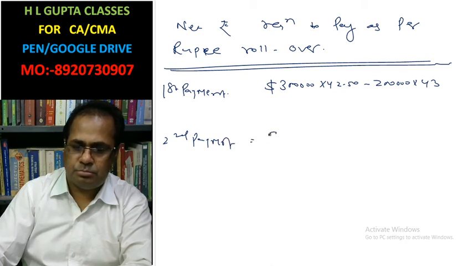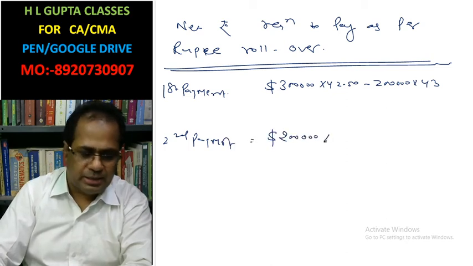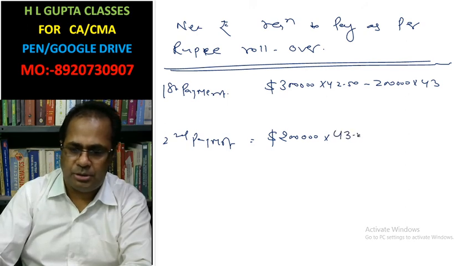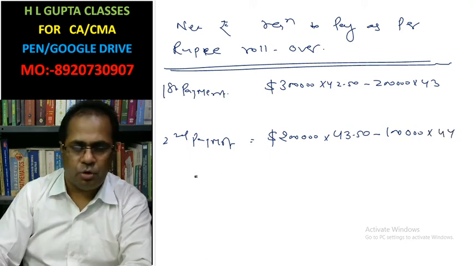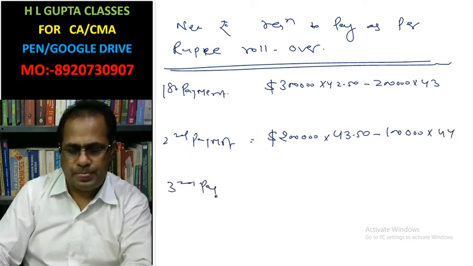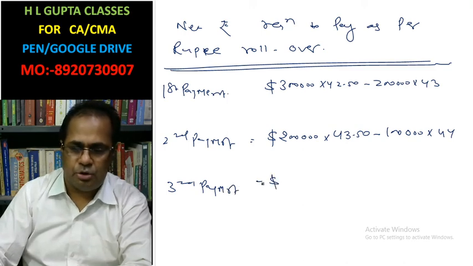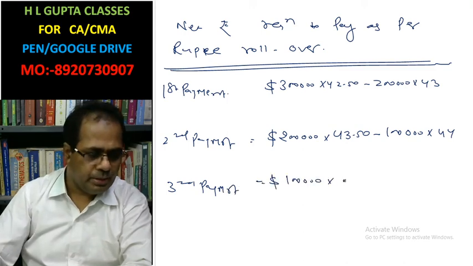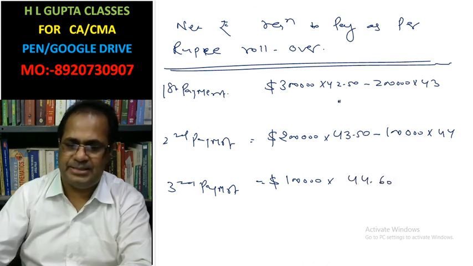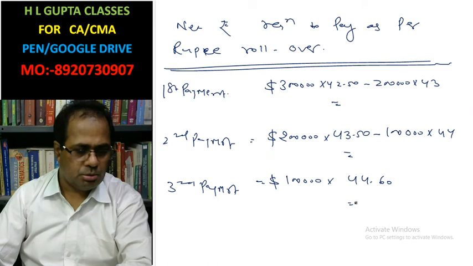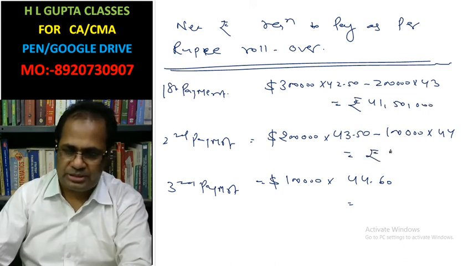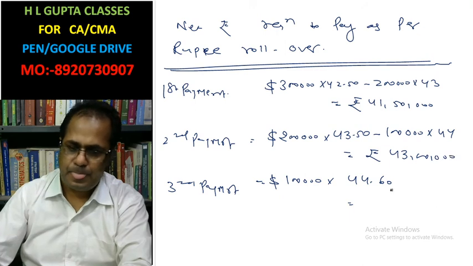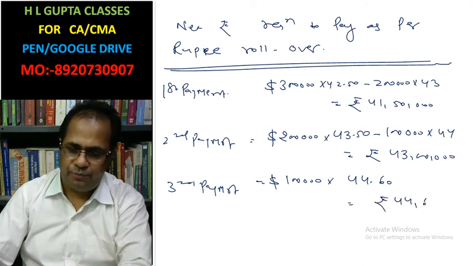Second payment: $2 lakh into 43.50 minus 1 lakh at 44. Third payment: $1 lakh into 44.60. That is 41 lakh 50,000, rupees 43 lakhs, 44 lakh 60,000.